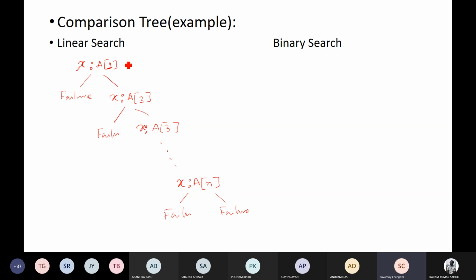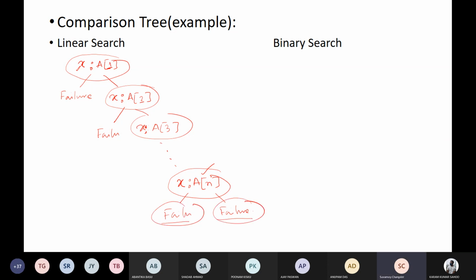If the algorithm searches the first, second, third and the nth, and if this is not true, we get either this failure or this failure. That means we have terminated. Therefore, if we reach this leaf node, it is an unsuccessful search, and the comparison tree of linear search can be represented in this way.